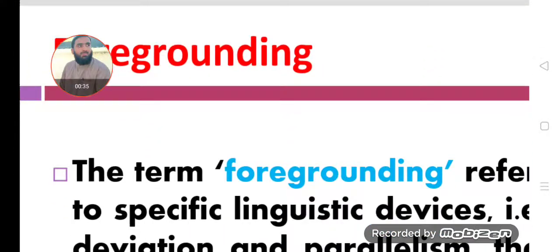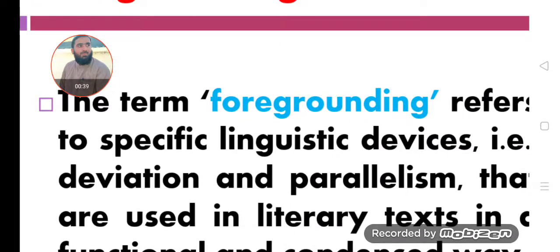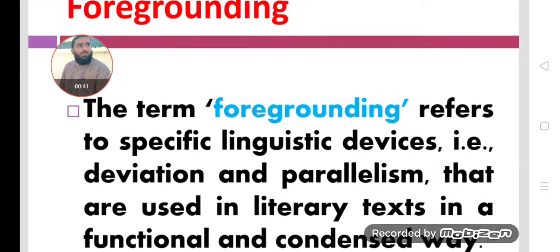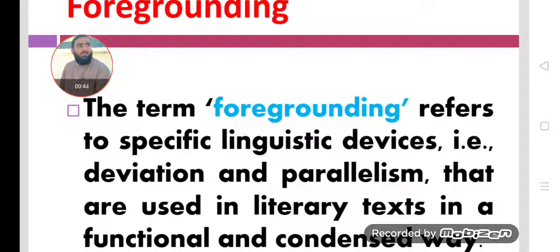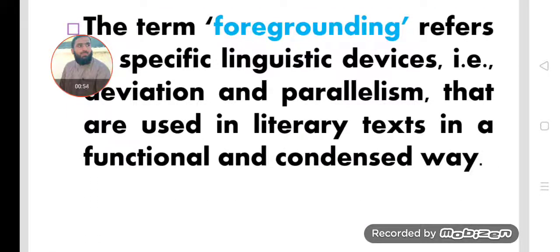So, dear students, the term foregrounding refers to specific linguistic devices, that is deviation and parallelism. Foregrounding is deviation and parallelism that are used in literary texts in a functional and condensed way.